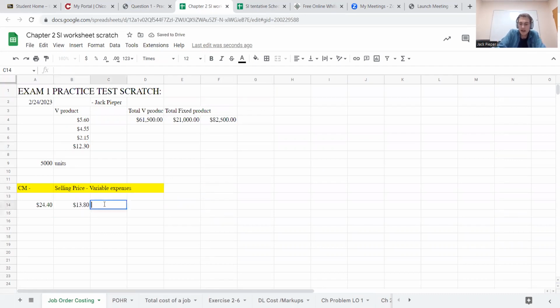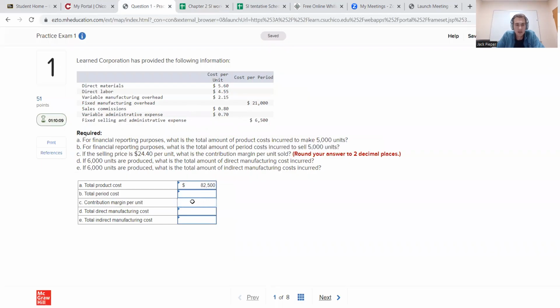And simply to find the contribution margin, that's going to be this selling price minus the variable expense price, which is 10.60. So that means that for every unit, after we account for all of our direct costs and our period costs, $10.60 goes towards covering our fixed costs. I imagine it like contributing towards our fixed costs. Every unit gives us $10.60 that goes towards our fixed expenses.